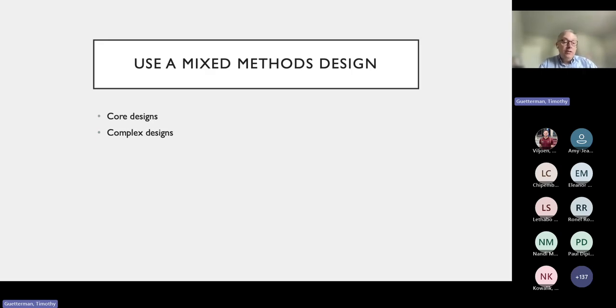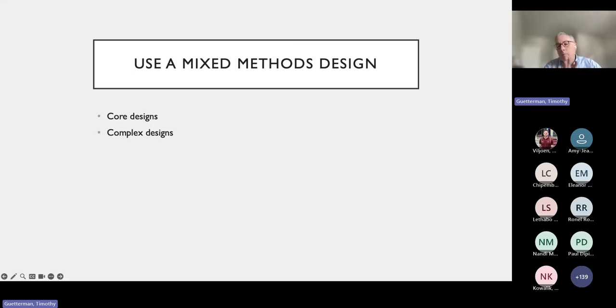And the designs are also helpful thinking about how we're going to explain this, how we're going to write it up actually. So we have core designs and then complex designs where we're using mixed methods, maybe within like an intervention, a randomized controlled trial, or within community-based research, for instance.